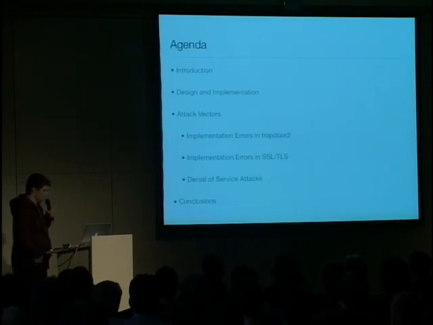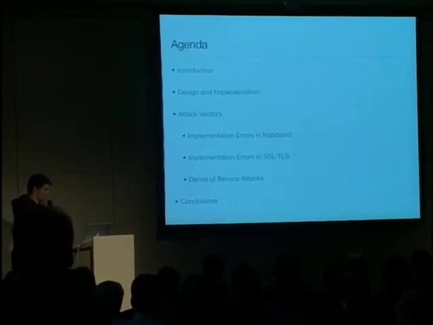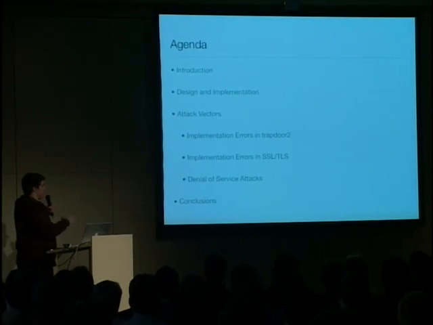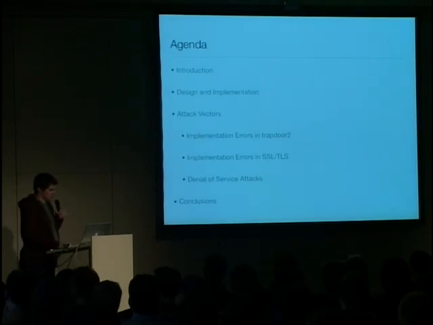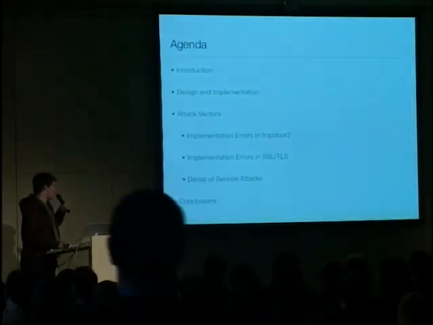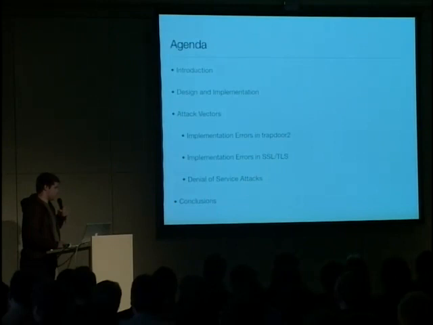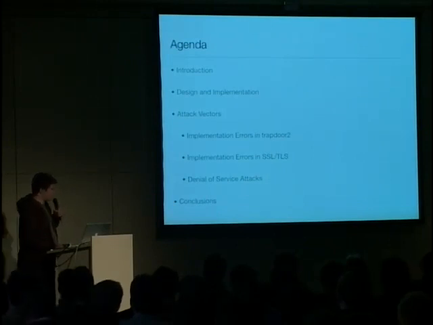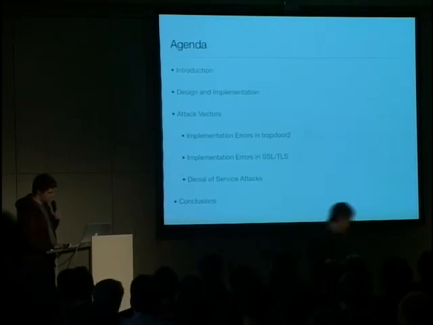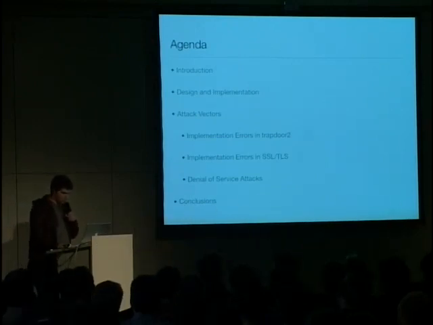Then about the possible attack vectors, the obvious ones, the not so obvious ones. So implementation errors in Trapdoor 2 itself, implementation errors in SSL, TLS implementations, and what we can do about denial of service attacks right at the application, and some of the conclusions then that we can draw from it.